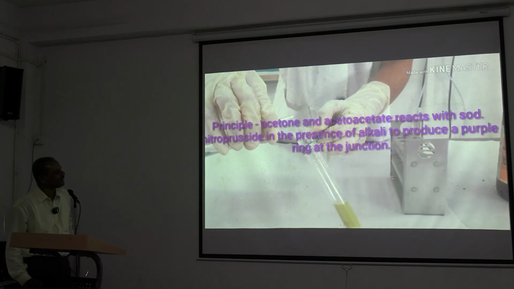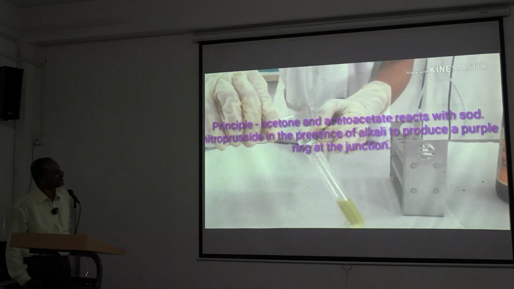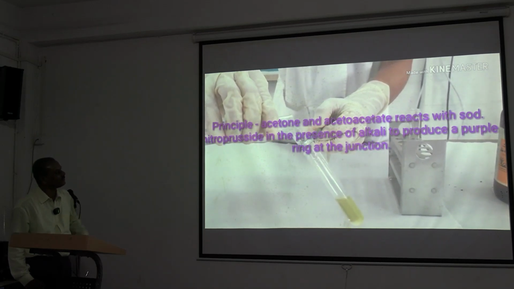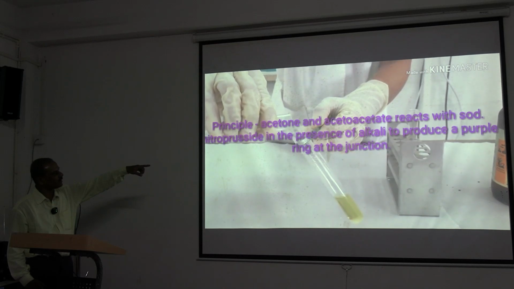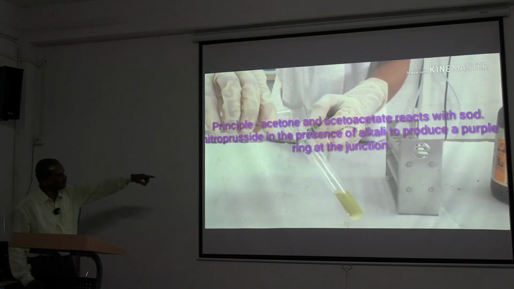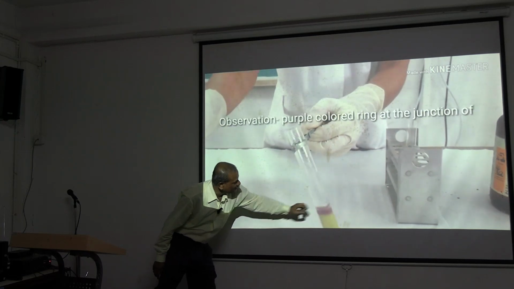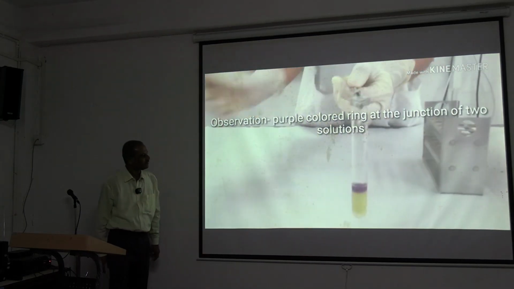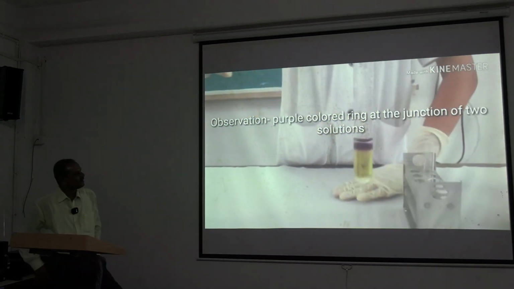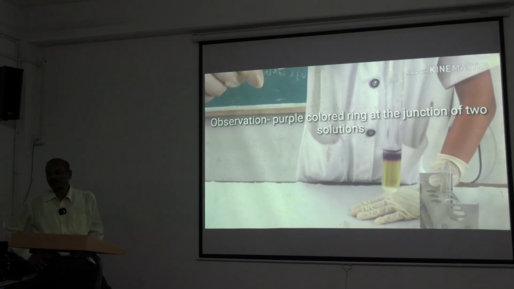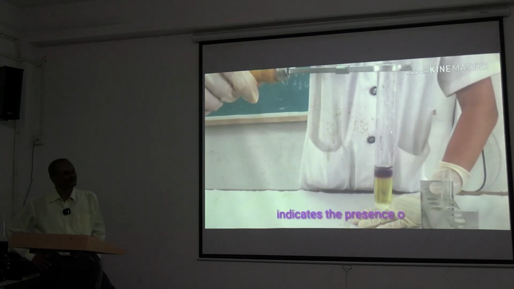So you will get the sodium nitroprusside solution, and the liquor ammonia is delivered onto the top of the solution. So gradually he is doing. Can you see that this ring has to be shown to the examiner?